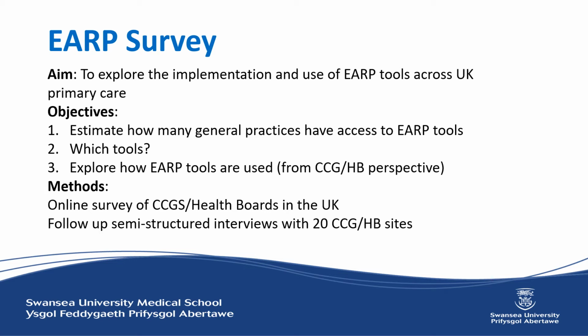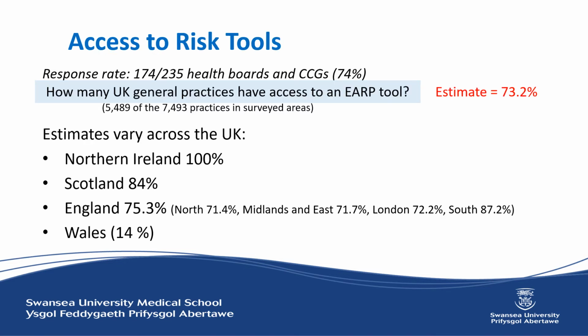Going to every practice would have been a vast task, as there are thousands, so we went via the higher level groups. In England, the clinical commissioning groups, and in Wales, Scotland and Northern Ireland, the health boards. And then we followed up with semi-structured interviews with a sample of sites. We had an amazing response rate, 74%.